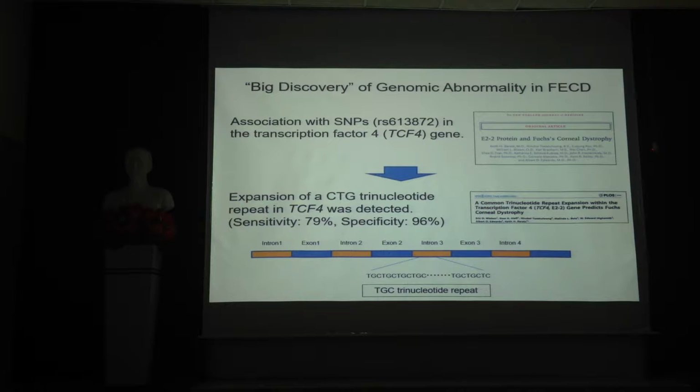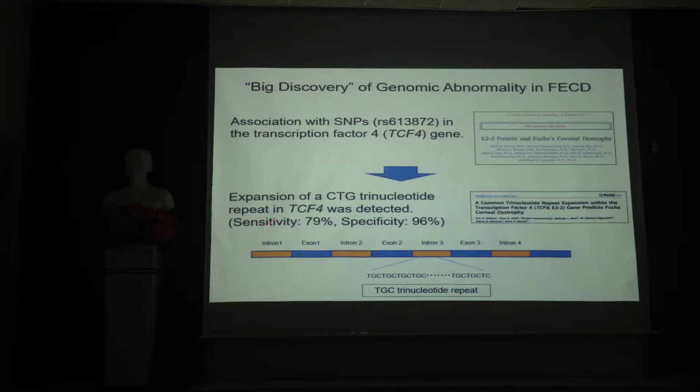But there's a big discovery coming from the Mayo Clinic in the United States. They found transcription factor 4, called TCF4. Some SNPs in the transcription factor 4 gene, and especially a CTG repeat in TCF4 was defective.